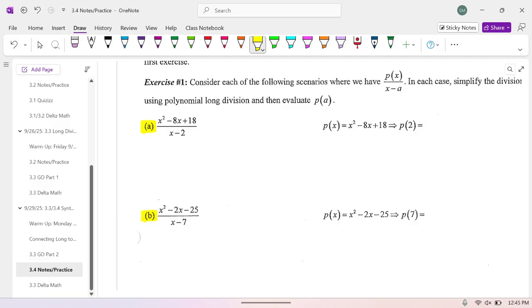Wait, Jackson's only 16. Yeah, his birthday is in September. And mine's in August. Just by a month.